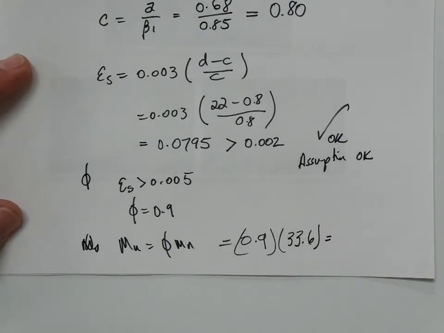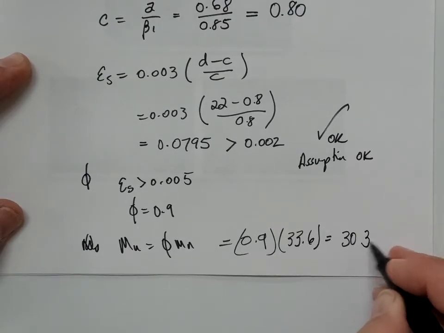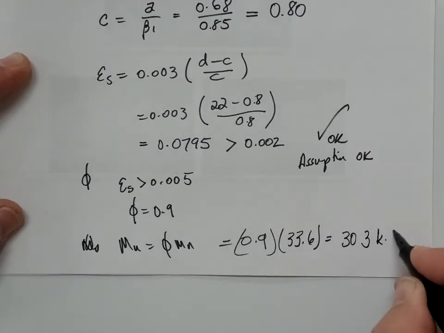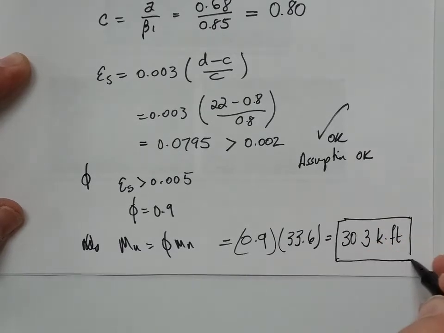What does that come to be? 30.3? Yeah. 30.3 kip feet. Put a box around your answer.